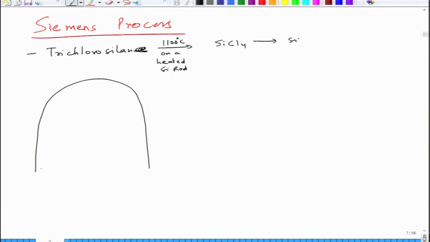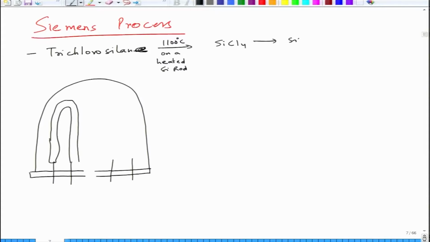Within it we have these silicon rods, these are prefabricated silicon rods.